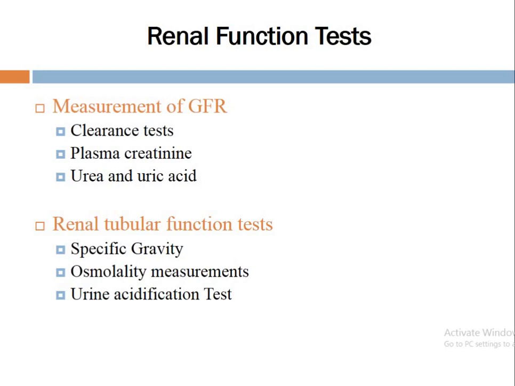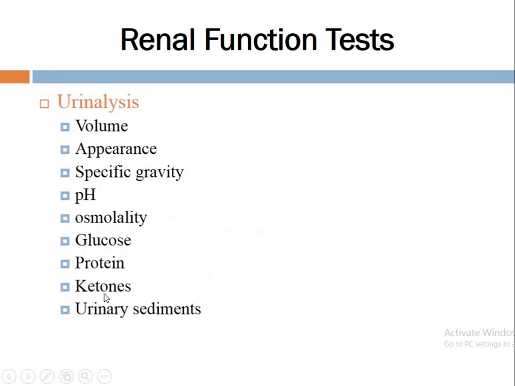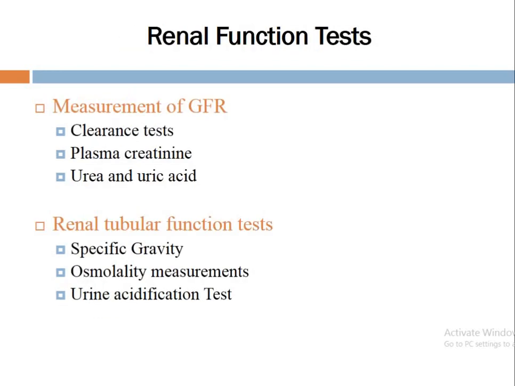A large amount of solutes are absorbed, and some certain substances are secreted into the tubules. Then urine acidification tests can also be done. As you know, the kidney handles the hydrogen ion also. Whenever there is an excess of hydrogen ion in the body, there will be more secretion of this hydrogen ion into the urine.